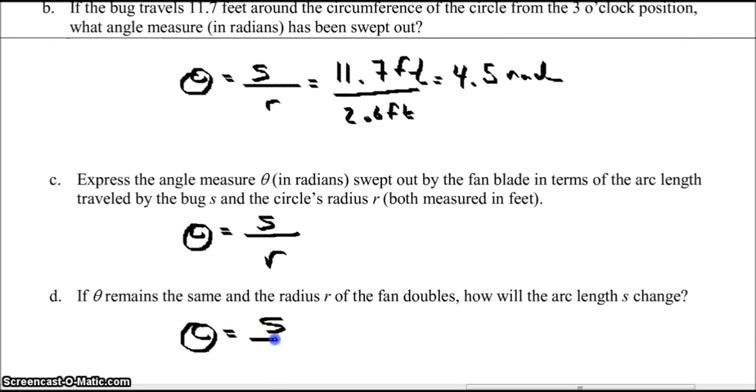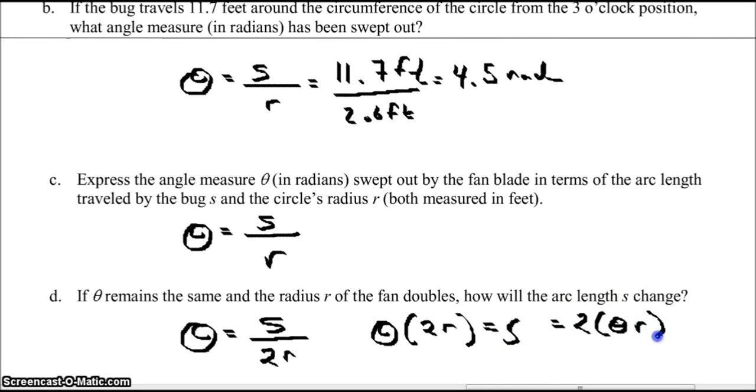Well, instead of having an r down here, you'd have a 2r, but we want to know how the arc length would change. Notice that we could multiply both sides by 2r and have theta times 2r equals s, which equals 2 times theta times r. And so basically, if the radius of the fan doubled, then the arc length would double also.